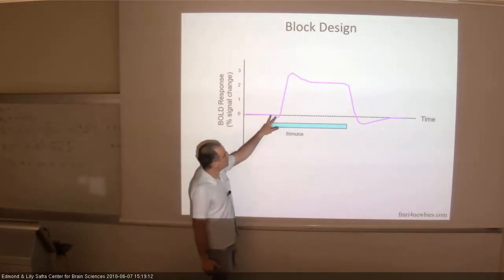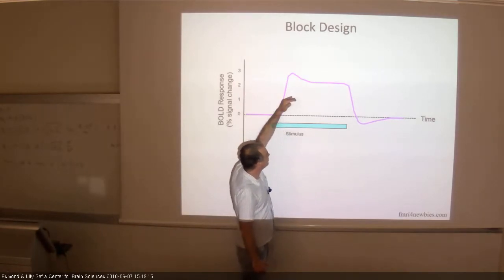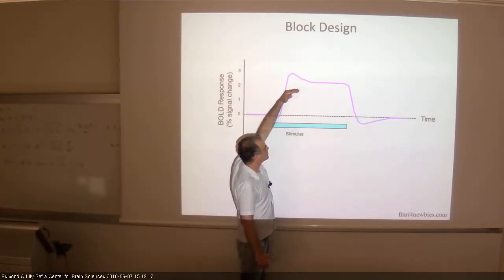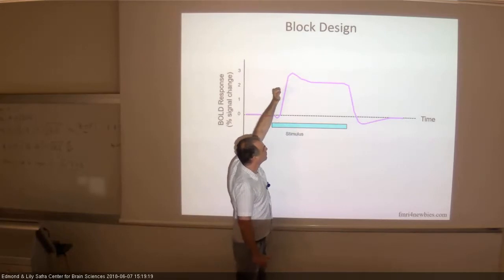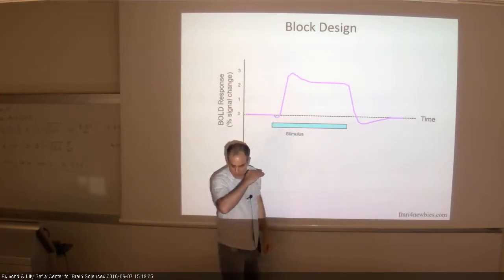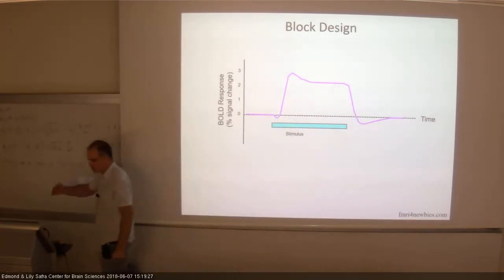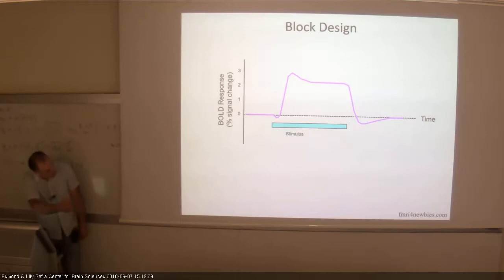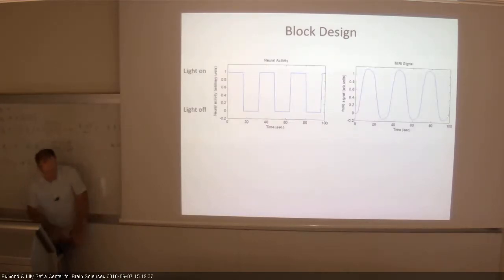But you have some kind of rise. You have basically saturation. You cannot keep rising. But then if the stimulus continues to go on, you get this long response, and then the decay after you finish presenting the stimuli.